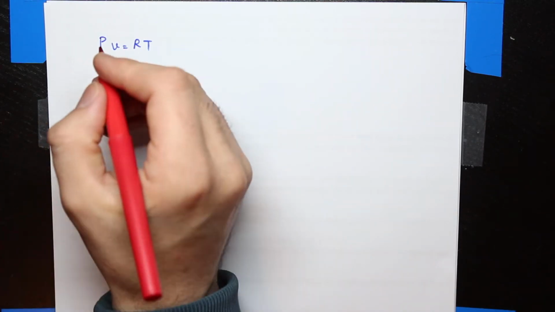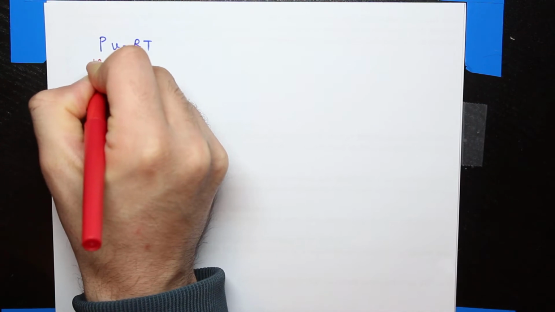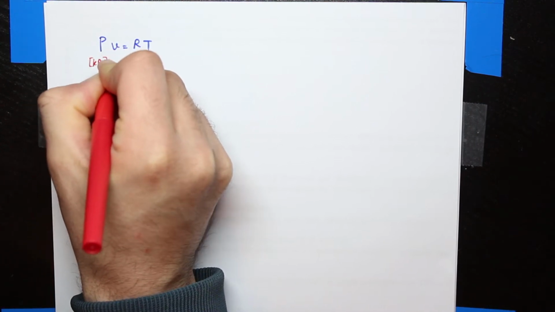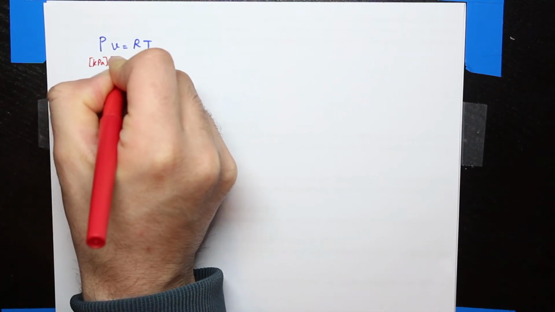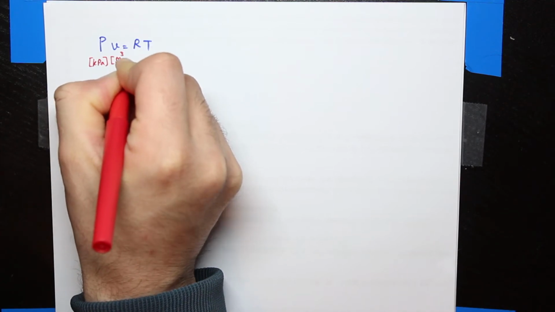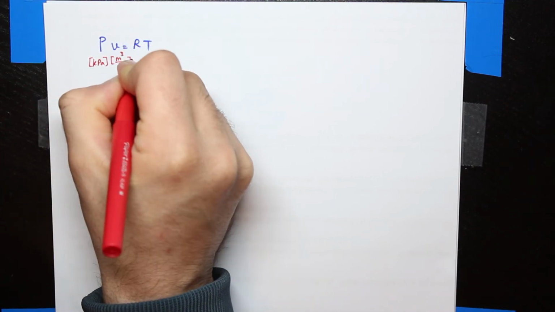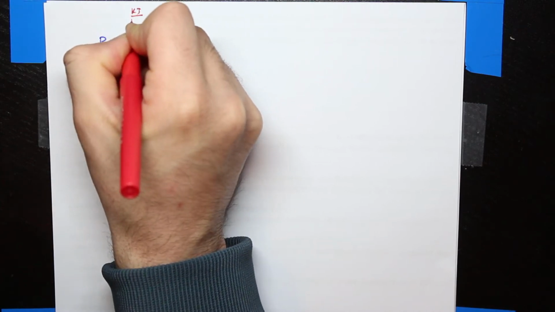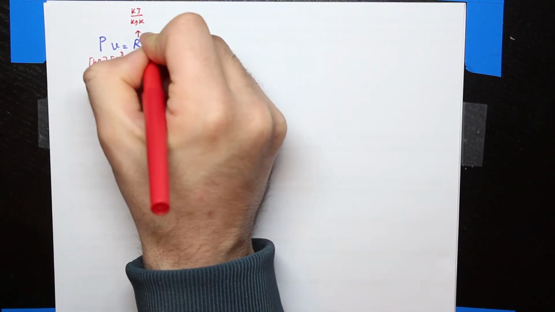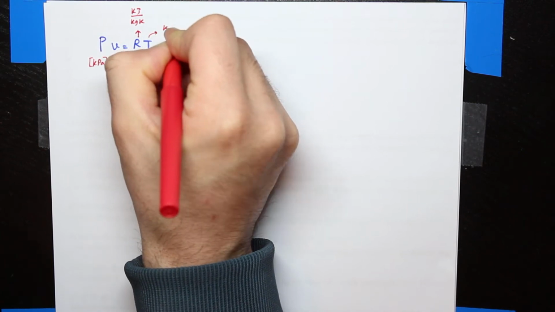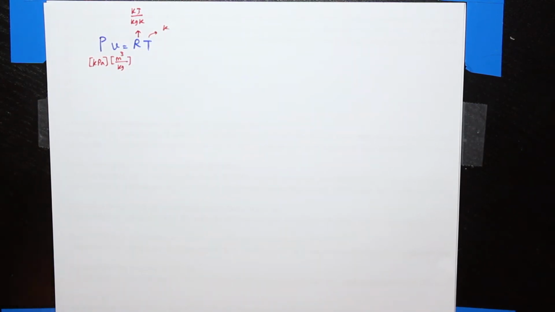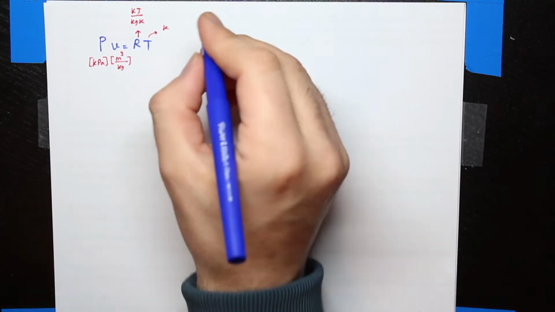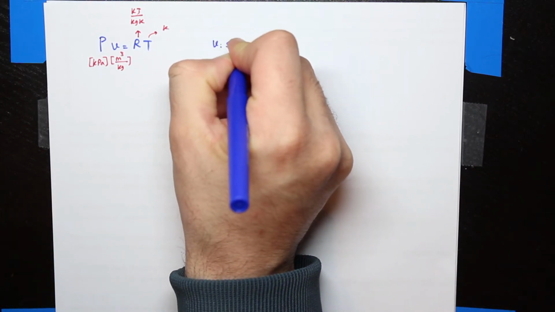The unit of P is kPa, the unit of V is meter cube per kilogram because that is the specific volume. The unit of R here is kilojoule per kilogram Kelvin, and the unit of T is Kelvin. So here V is specific volume.